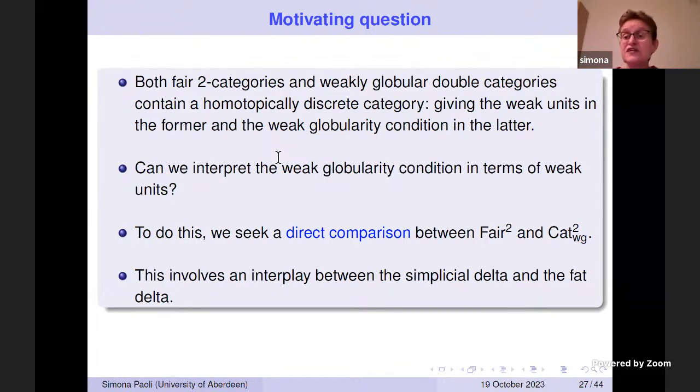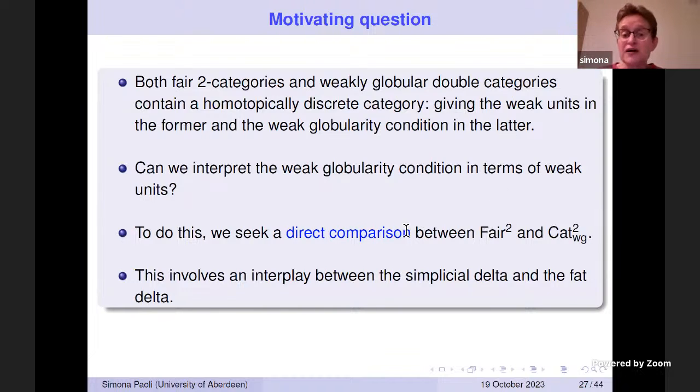In fair two categories, it is the category of weak units. But if you look at these very technical proofs of the equivalence of each of these things with bicategories, this proof gives no clue whatsoever as to whether this homotopically discrete structure showing up in both worlds is just a coincidence or there is something deeper behind this. And that's the thing that I wanted to understand.